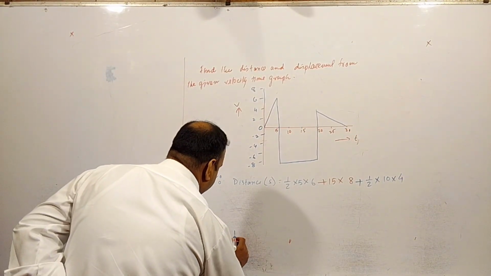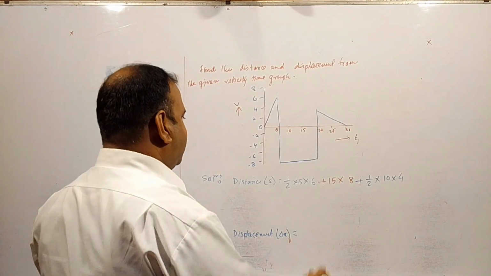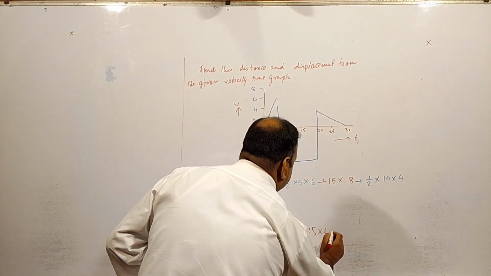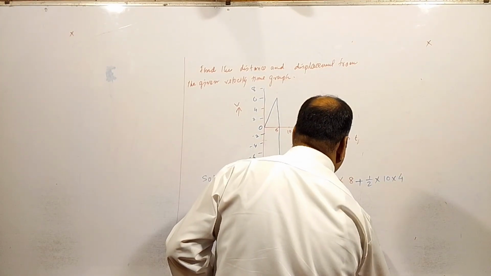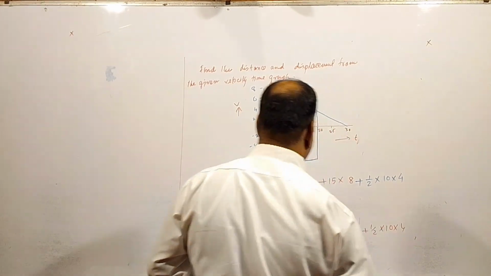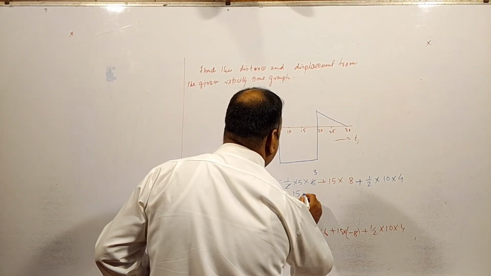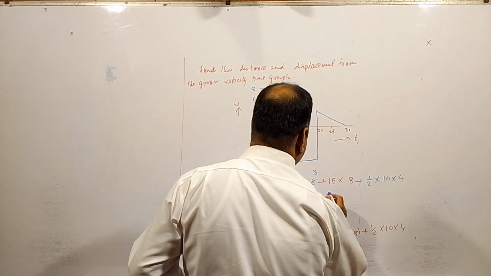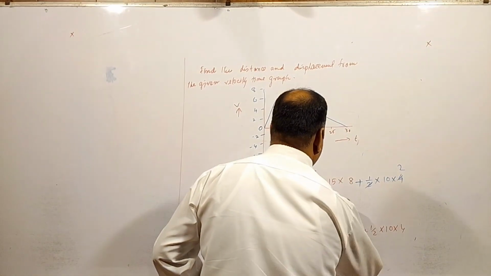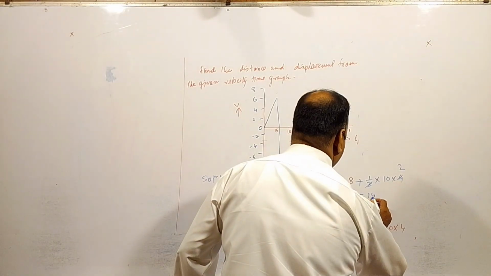Now displacement, delta x, will be the same thing, but the rectangle comes with a minus sign: half into 5 into 6, minus 15 into 8, plus half into 10 into 4. For distance: 15 plus 120 plus 20, so 155 meters.